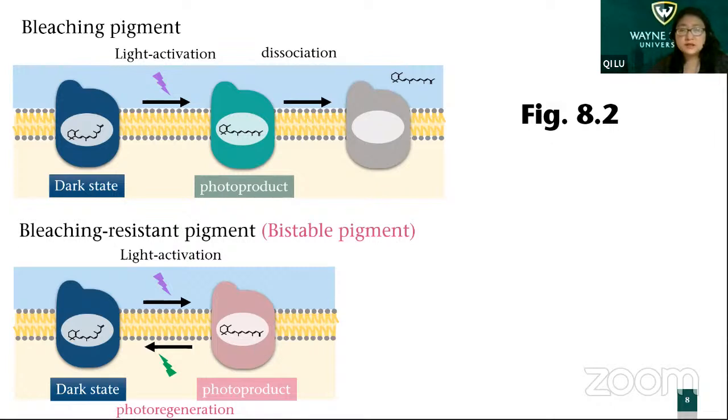So with another light wavelength, usually a longer wavelength, it can change back to the dark state, the rest state. This is quite stable, and the chromophore does not dissociate, so there's no bleaching.